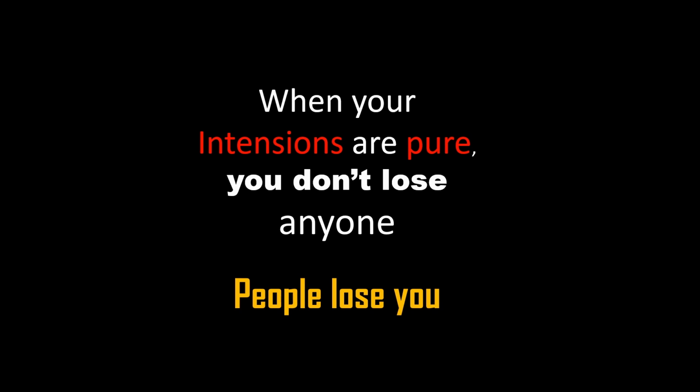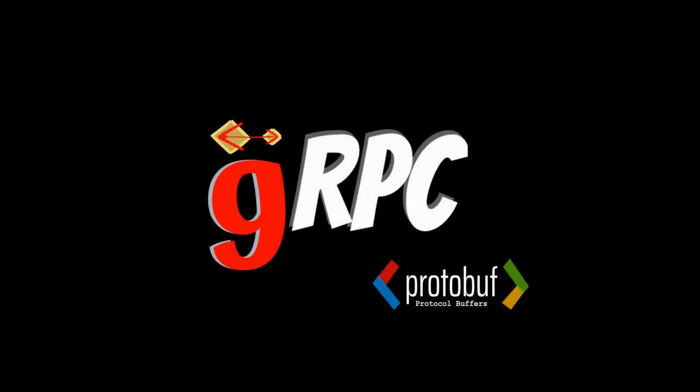People lose you. Imagine a world where software applications can communicate faster and more efficiently, regardless of where they are or what devices they run on. gRPC is a cutting edge technology that allows different computer programs to talk to each other quickly and effectively, even if they are far apart or running on different devices.